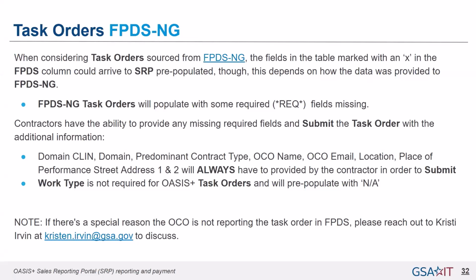is, if you have a special reason that the OCO is not reporting that particular task order in FPDS, then you should reach out to Christy Irvin at the email here to discuss how to then properly put that particular order into SRP.